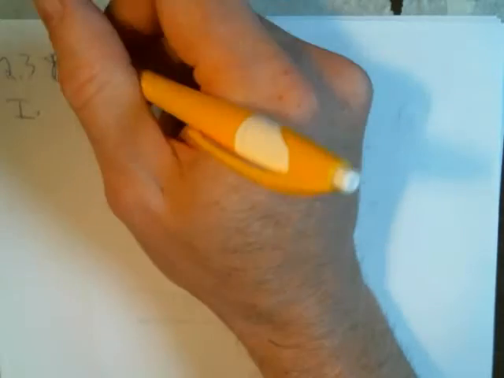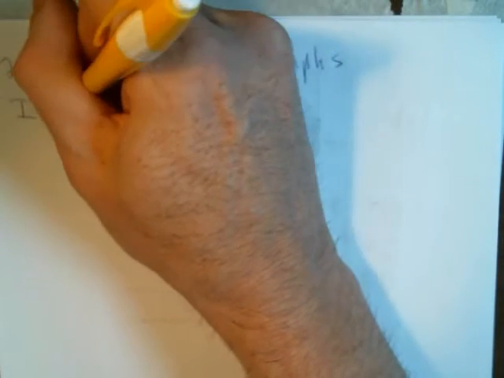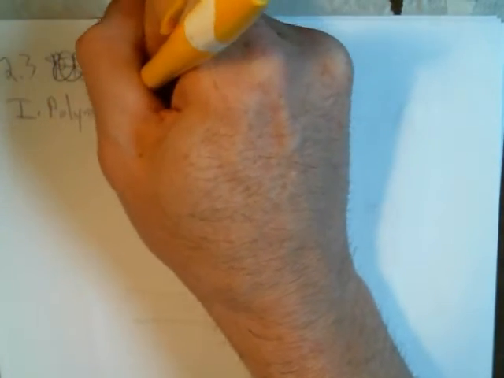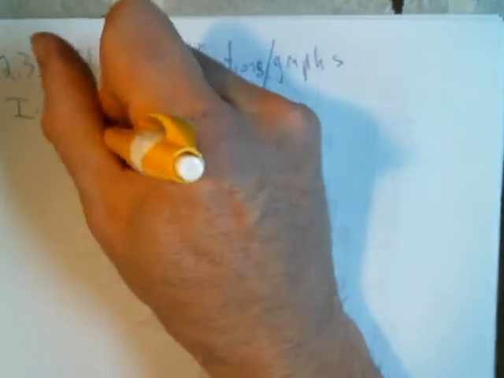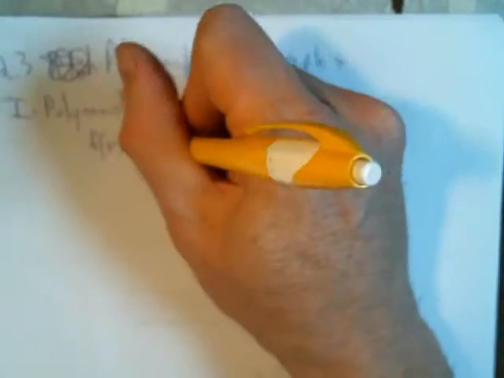Okay, so first we begin by defining the polynomial form. And there's no easy way, I guess, to say it. They just write it out in all of its glory.